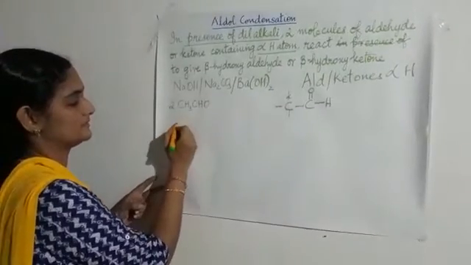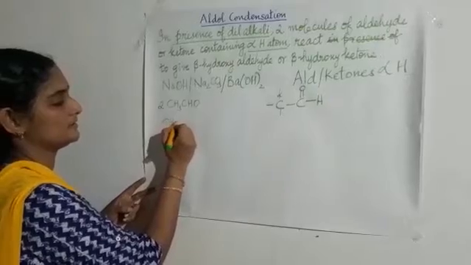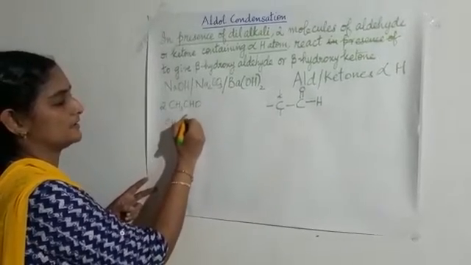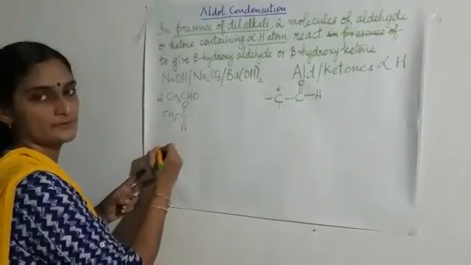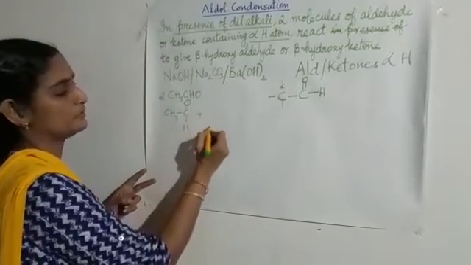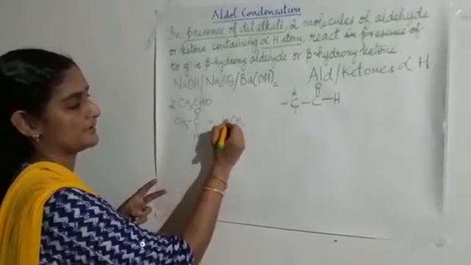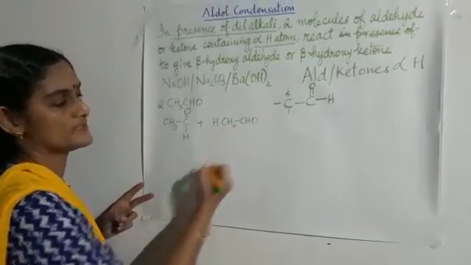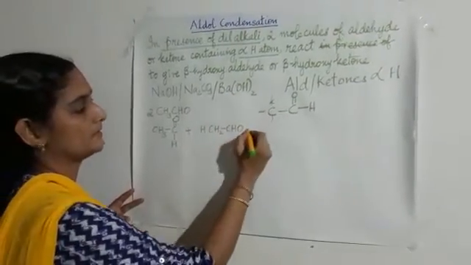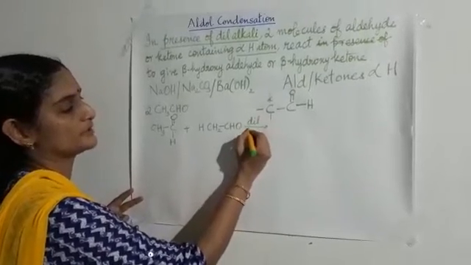So this can be written as CH3CHO, and the second molecule we can write it as CH2H and the aldehyde group CHO. Here the reaction is taking place in presence of dilute alkali.